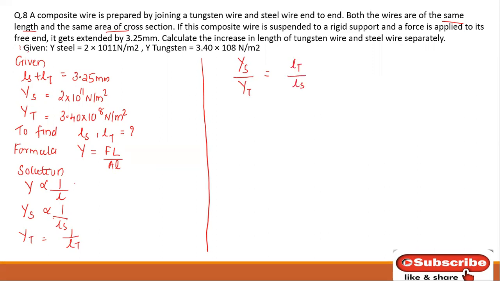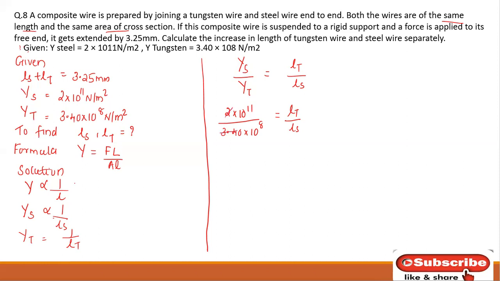Now on substituting the values, we know YS, that is Young's modulus of steel wire, is 2 into 10 raised to 11, divided by tungsten wire 3.40 into 10 raised to 8, is equal to LT upon LS.